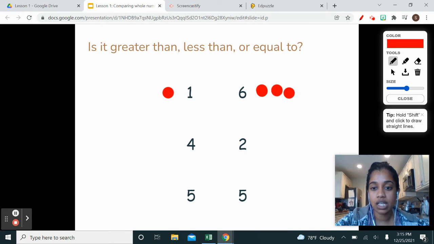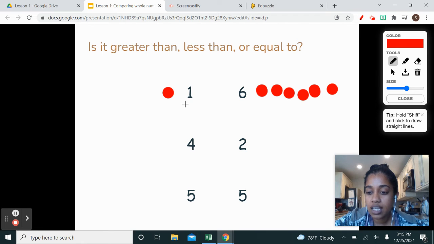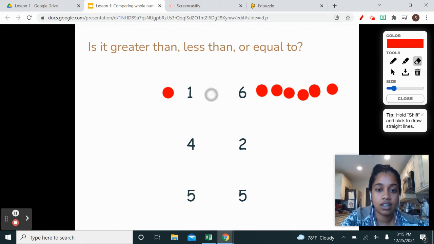1, 2, 3, 4, 5, 6. Which one is greater than or less than? I can see there's only 1 right here, and that is way less than 6. So I have more dots on this side. Let me make this a little bit smaller. Let me erase that out. I'm going to put down this symbol right here.